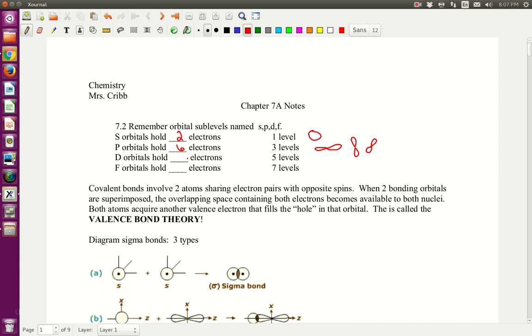The d orbitals can hold 10 electrons. There are 5 shapes, and I'm not going to draw them because they're too difficult. And the f orbitals can hold 14 electrons, and there are 7 shapes that we have.